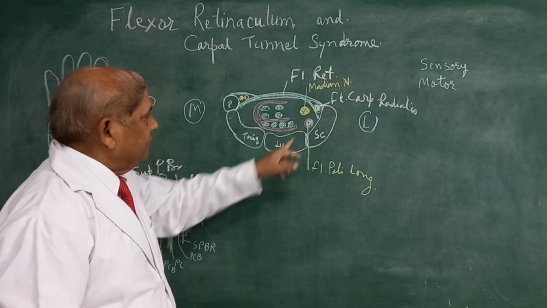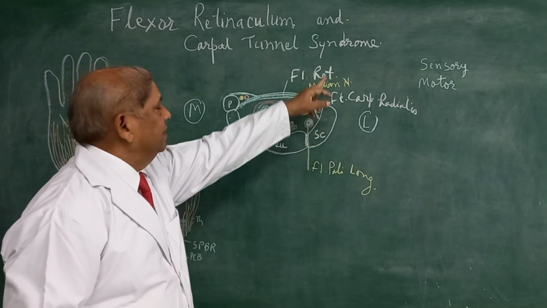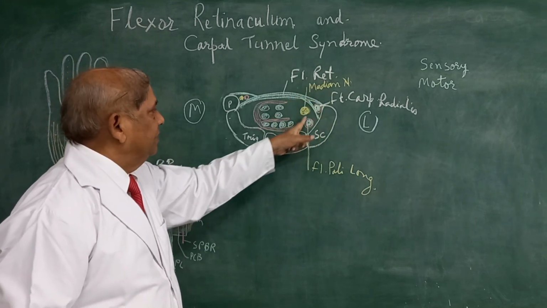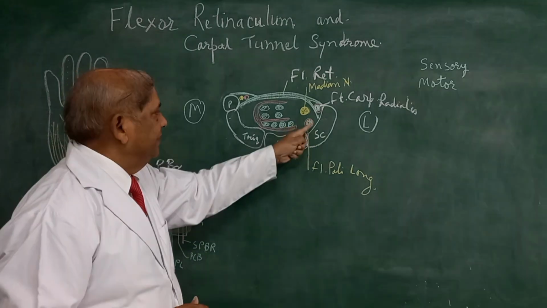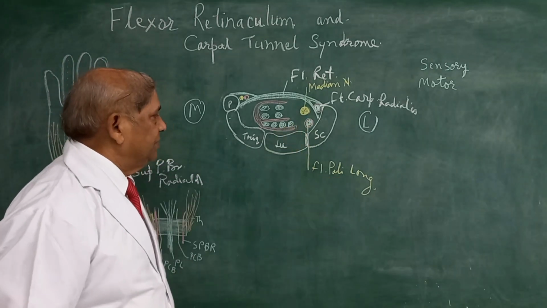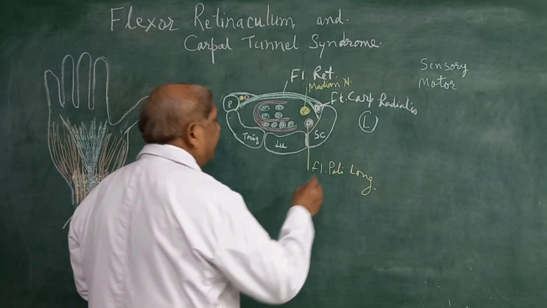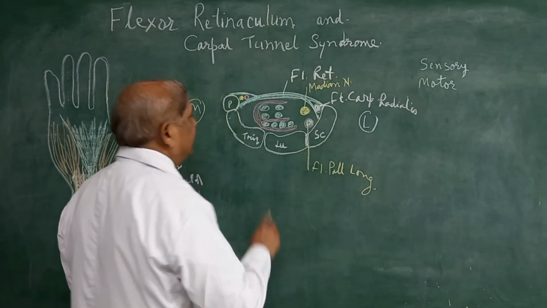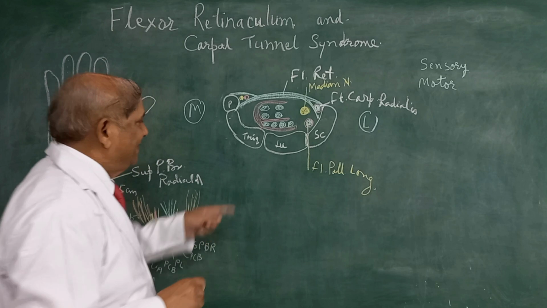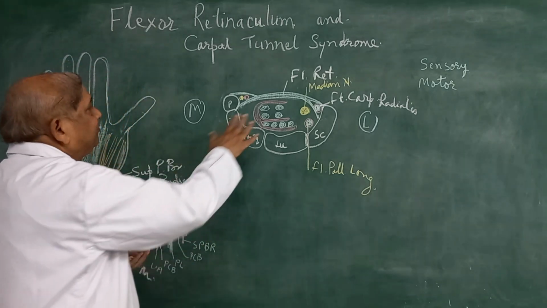Its synovial sheath will continue till the terminal end of the thumb, and sometimes the synovial sheath on the flexor pollicis longus tendon is called the radial bursa. So this synovial sheath is also known as the radial bursa.